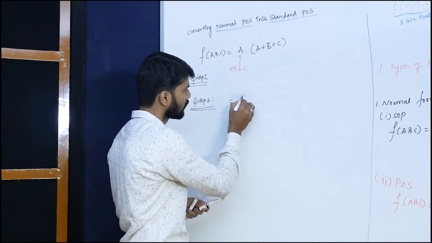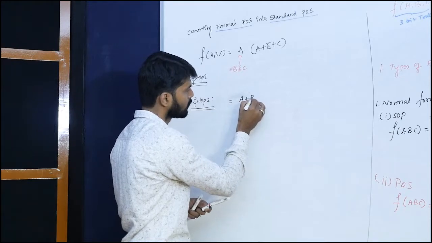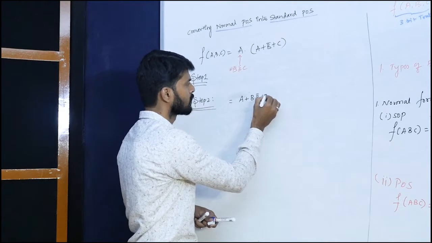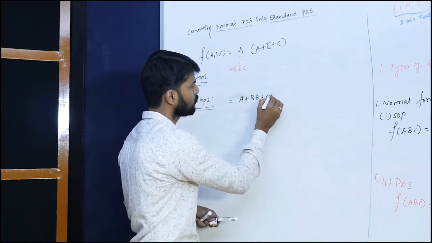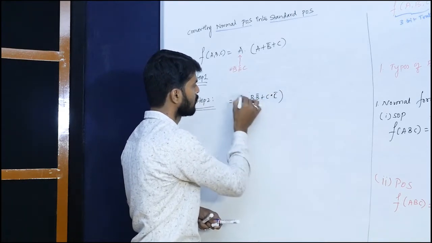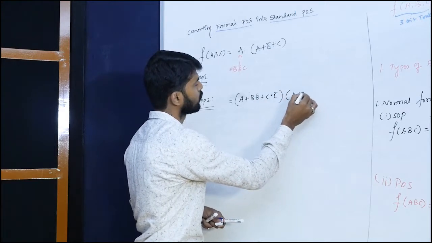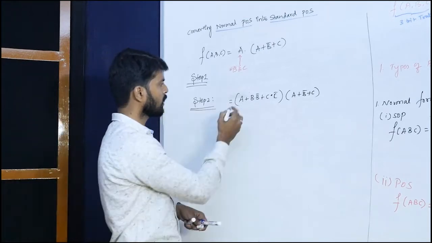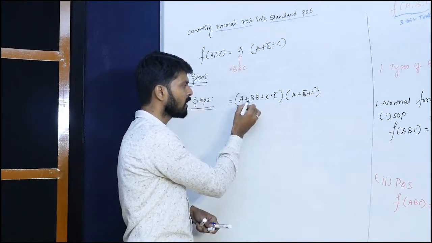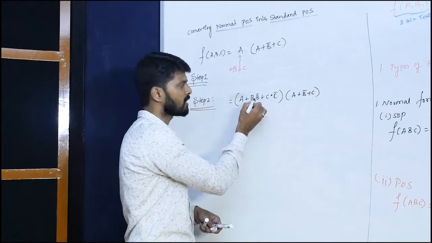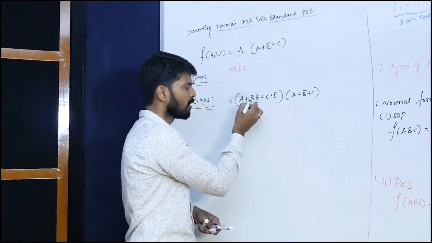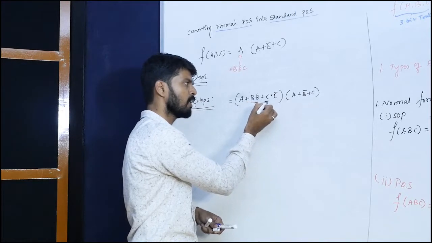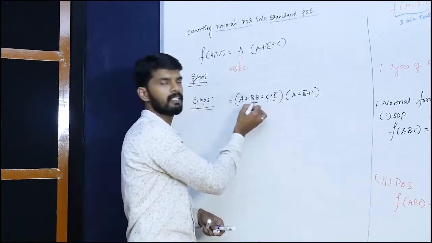We add the missing term into its complement, and similarly for the existing term. So here we add the missing variable and its complement. This we are adding with the existing one.